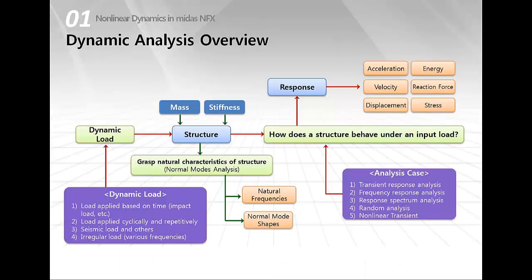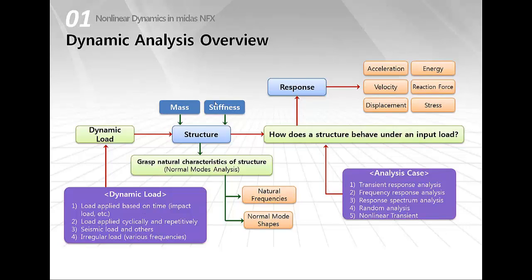I think you remember this graph from the previous webinar. This time, once again, I would like to present the overview of dynamic analysis. This graph answers the question of what we need to perform dynamic analysis and what kind of output responses we can obtain. To perform any kind of dynamic analysis, we have to specify a dynamic load.